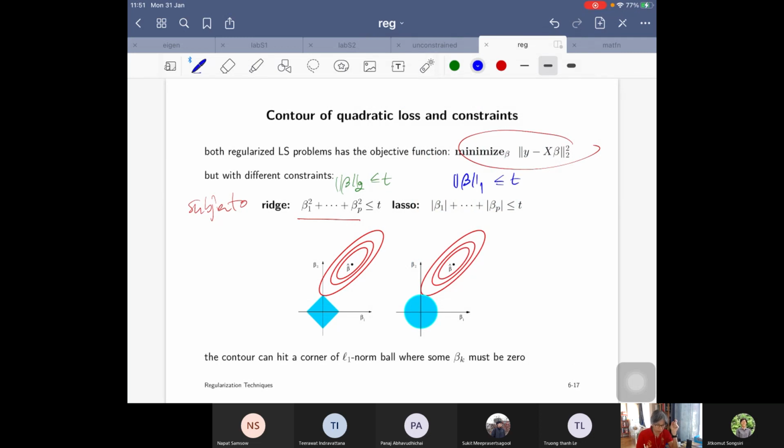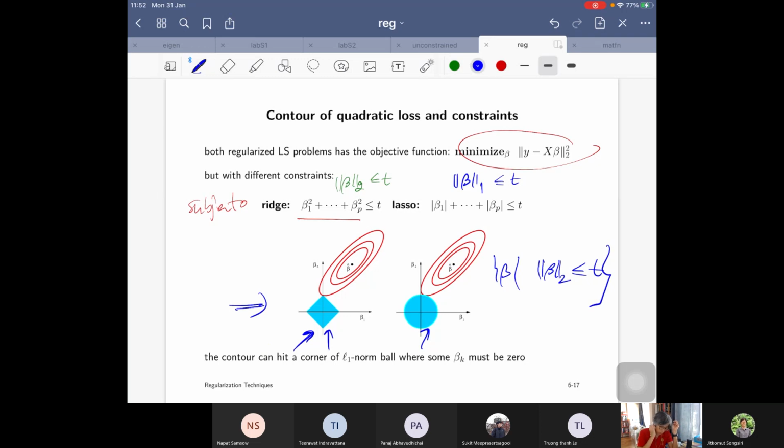Graphically, we can represent it like this. What I'm drawing is the norm ball constraint. For the 2 norm, the set of beta where the 2 norm of beta is less than t is a circle, the region in the circle. For the L1 norm, it looks like this rotated box.